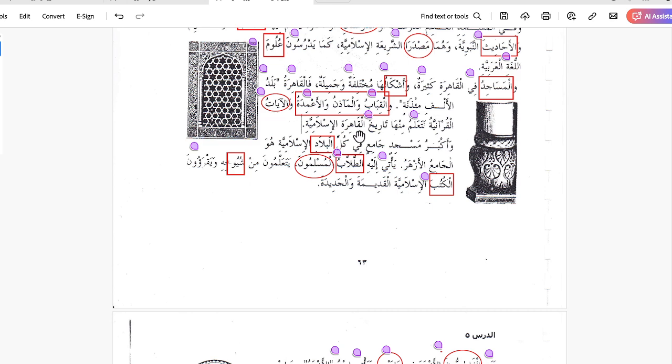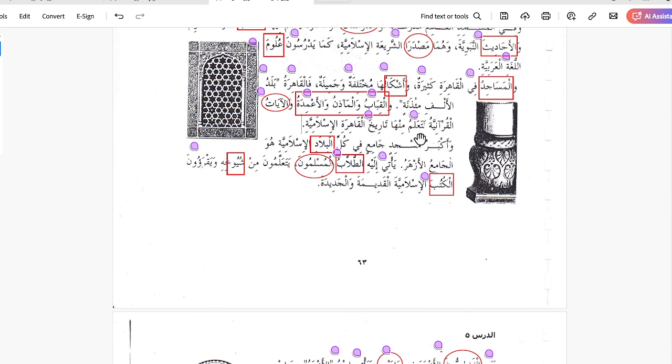And wal ayatul Qur'aniyyatu. Ayat is the Jama' Mu'annath Salim. You see the at here is added; the singular is ayatun. Qur'aniyyatu is the na't for al-ayatu. Nata'allamu minha tarikhal Qahirati al-Islamiyyati.